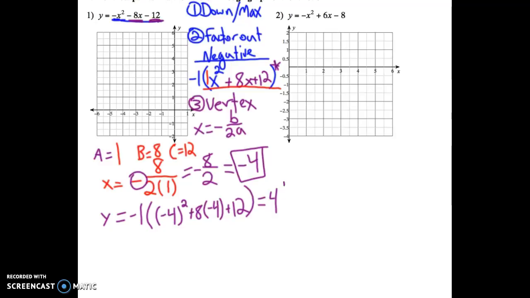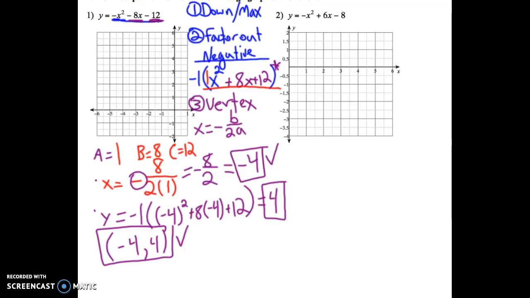So at this point, I am done finding the vertex. I have the x value and I have the y value. So for step 3 or step 2 and some other ones, please plot or write in a coordinate point, negative 4, 4 is my vertex, and square that as well. So I have the axis of symmetry right here, and I have the vertex right here. I can go ahead to finish off part 1. There's multiple steps for this part 1 to find the vertex and axis of symmetry.